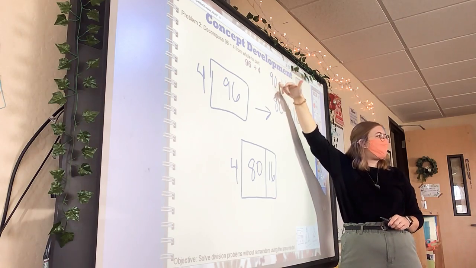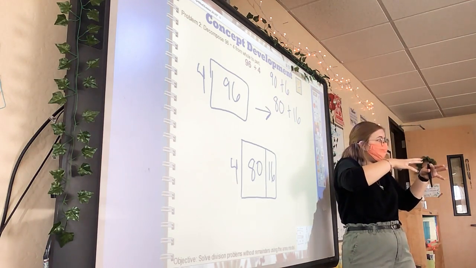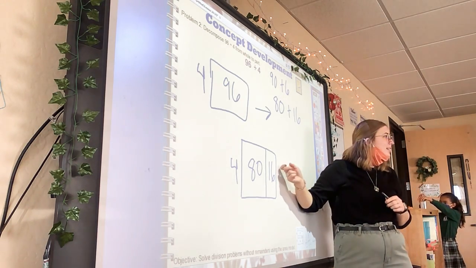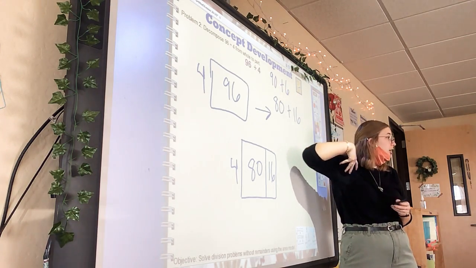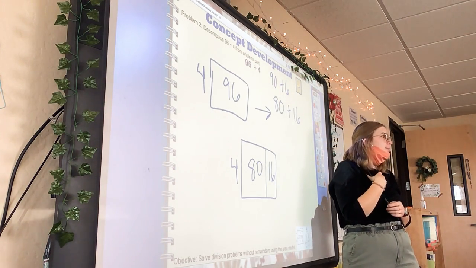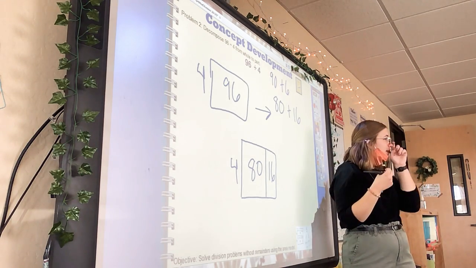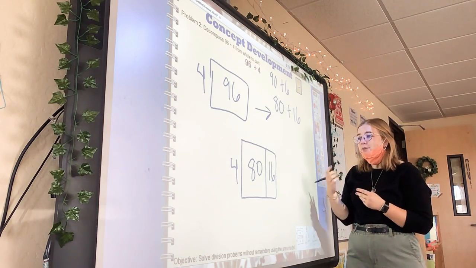That's kind of what I was getting at. 96 is divisible by 4 altogether, but not 90. So the goal of today is to try and split up that big number so we could actually do it in our head a little easier. We're not going to do much side work. We're trying to do most of this mentally today. But that's a great point, Austin. Thank you for bringing that up.